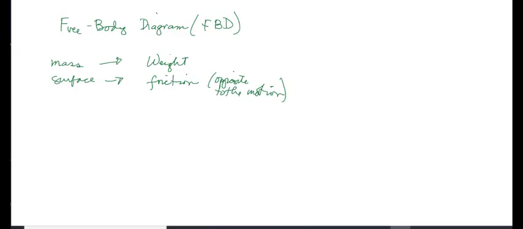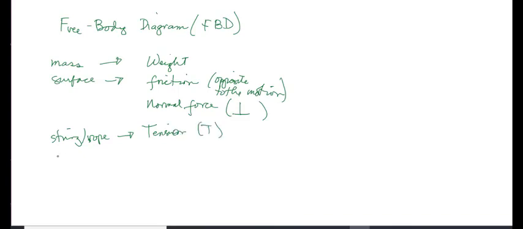Aside from friction, there is the normal force N exerted by the surface, and this is always perpendicular to the surface in contact. If there is a string, rope, and the like, this exerts a tensile force, or tension, with symbol T. If there is another force, for example exerted by the man in pushing or pulling, let's just label this as F, or other forces.